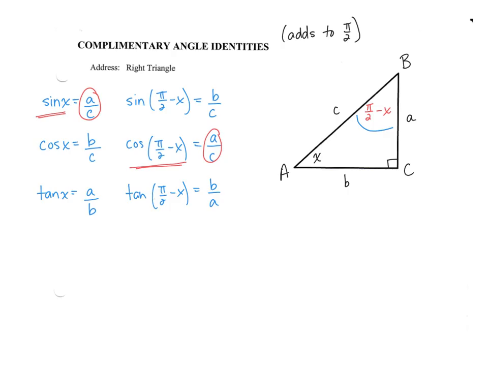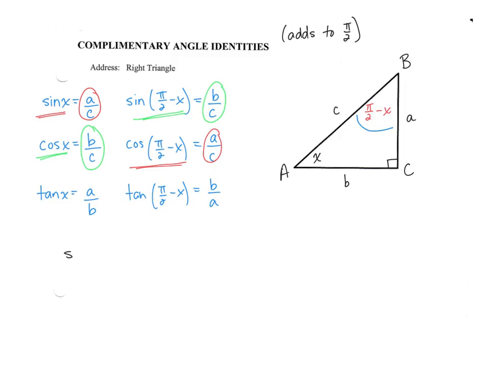We also have equivalent ratios here, so we know that sine of pi by 2 minus x is equal to cos x. Let's start with those ones, and then we will talk about our tangent.